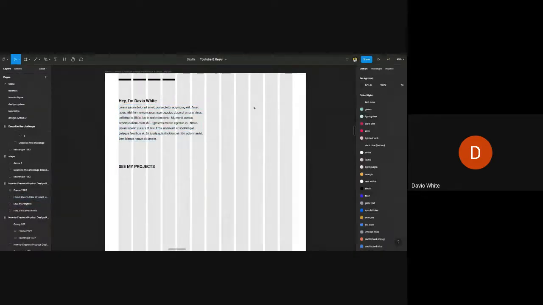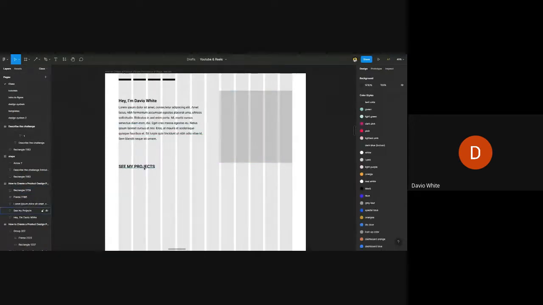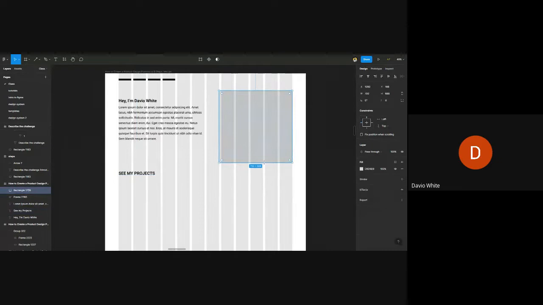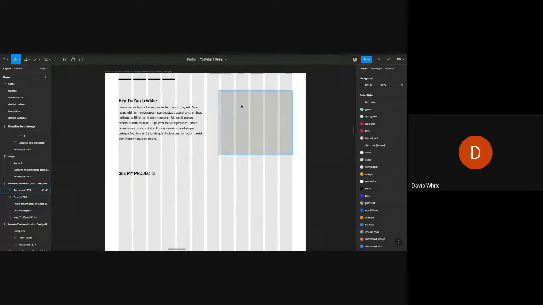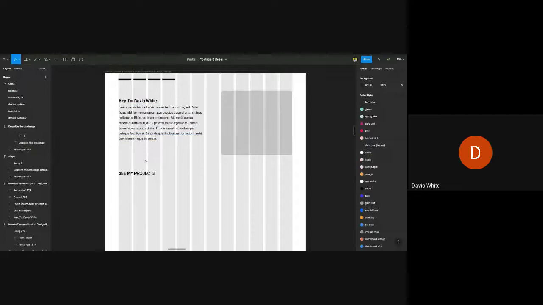So this part can carry that. So we have something like this.